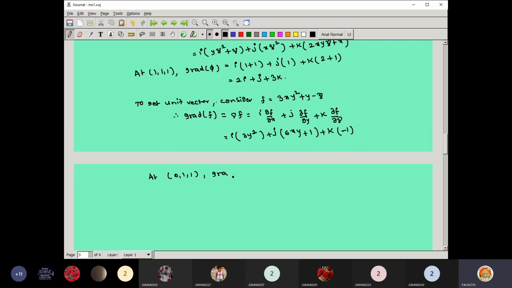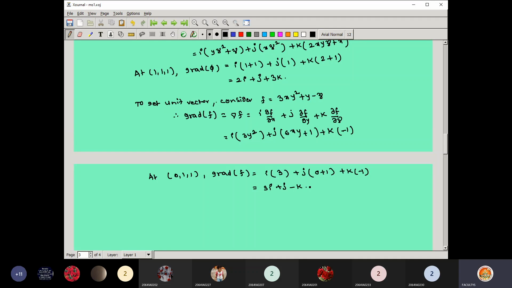So you are calculating gradient of only f. So i 3y², it becomes 3, plus j 6xy, it is 0 plus 1, plus k, that is −1. So you are getting the answer 3i + j − k.